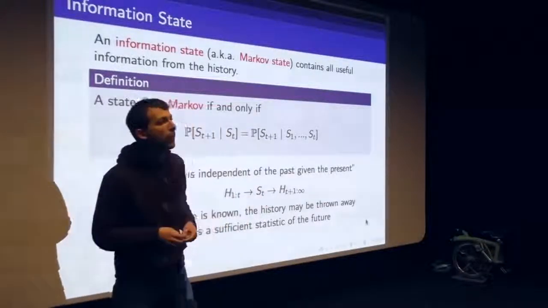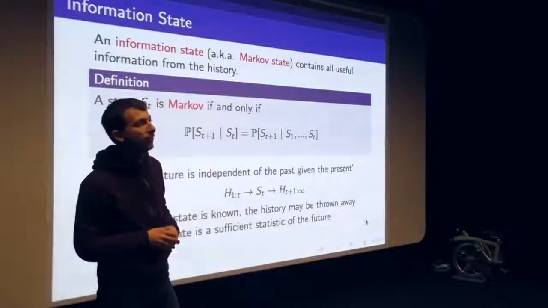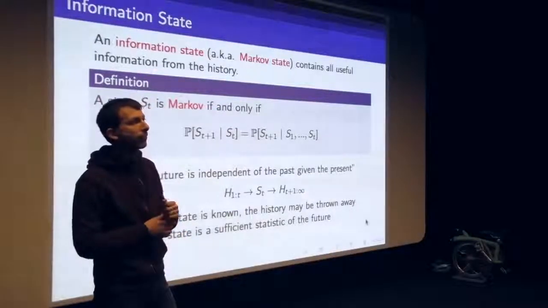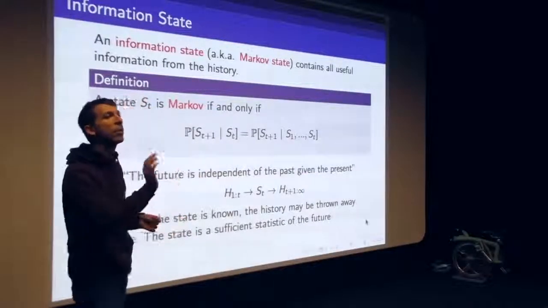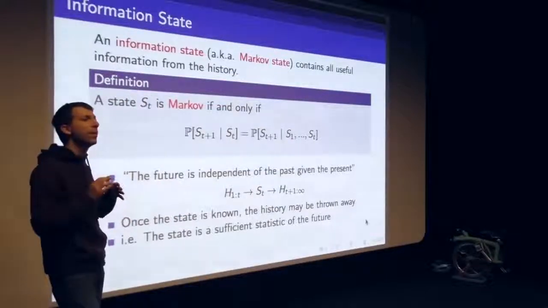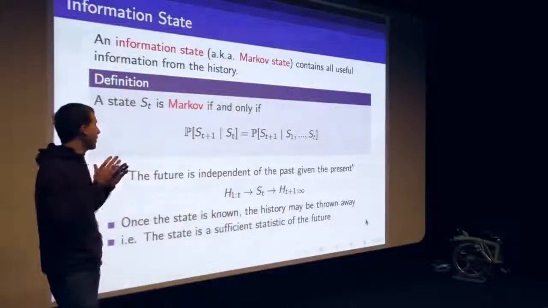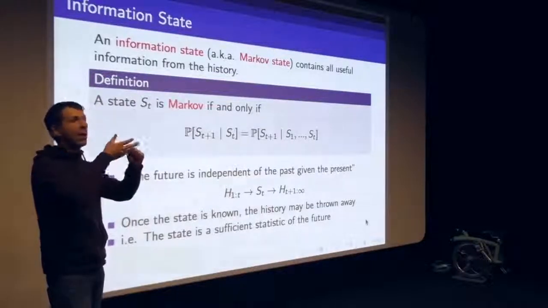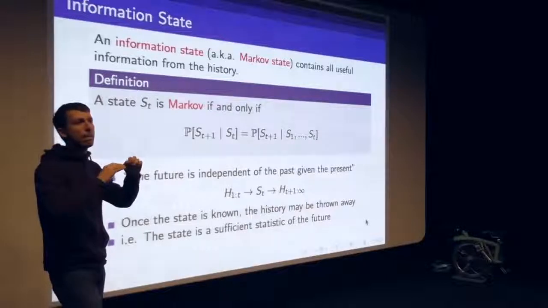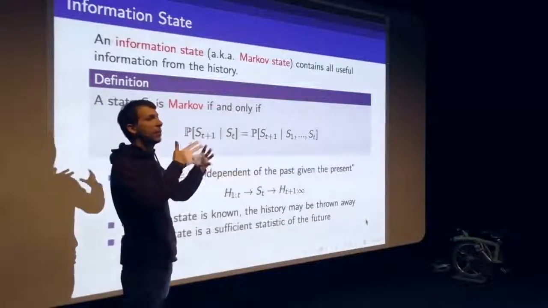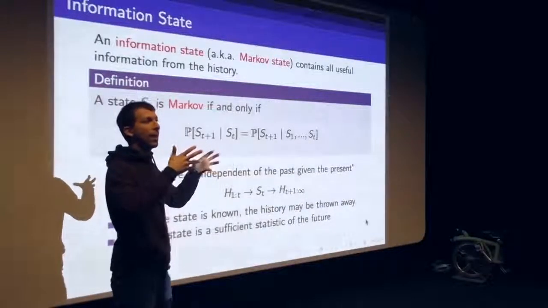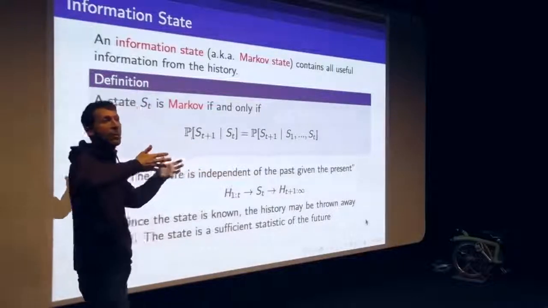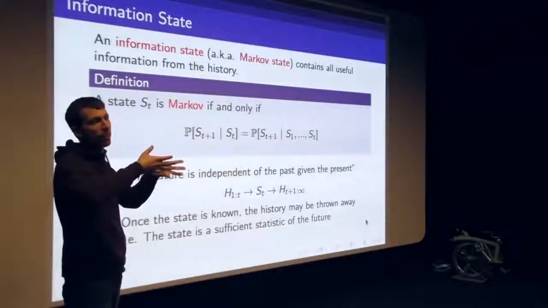Yeah. In your example of a helicopter, for instance, clearly where it goes next depends on where it was before. Okay, so the question was, how does this fit in with the helicopter example? A Markov state for the helicopter would be roughly the current position, velocity, angular velocity, and angular position of the helicopter.